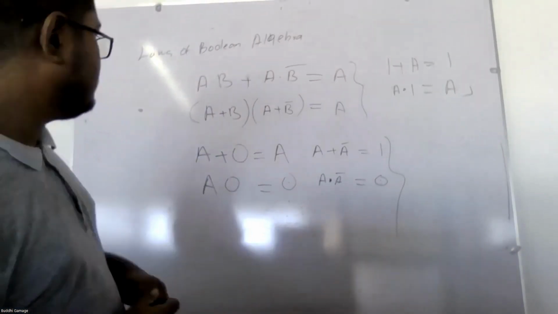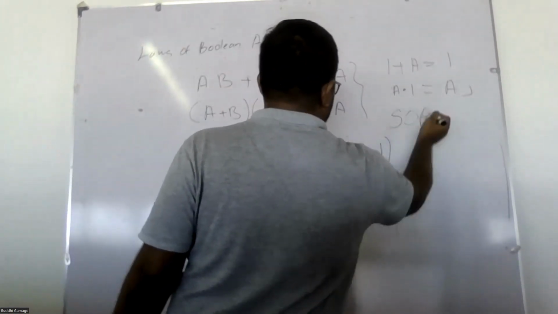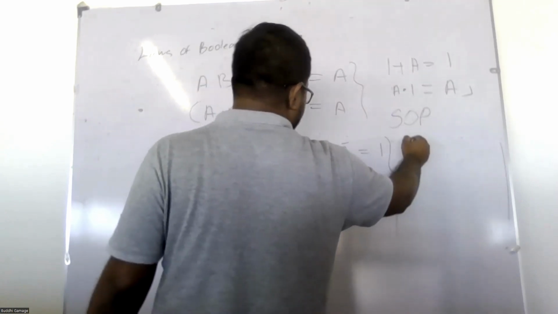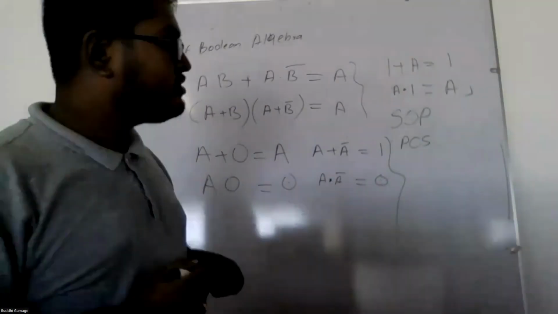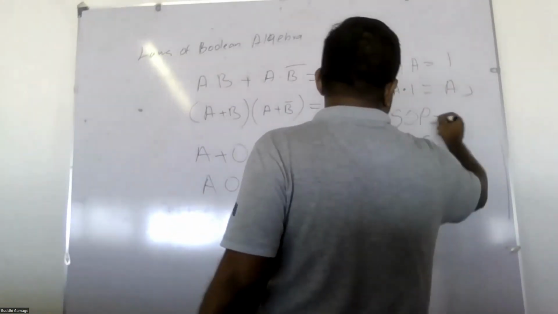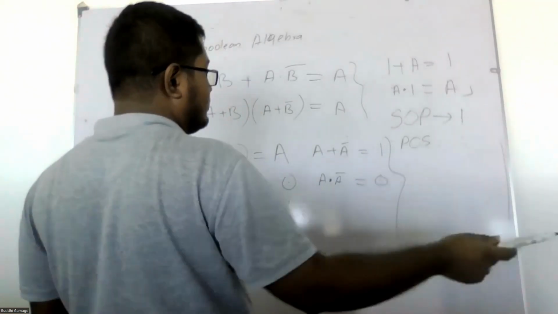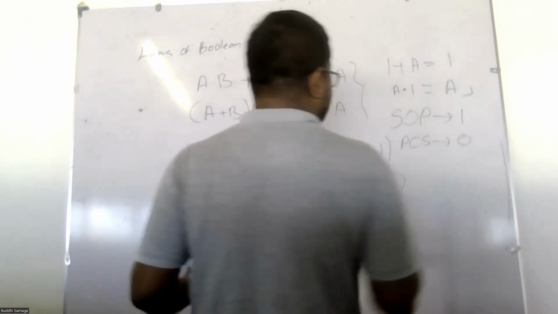As I mentioned, a Boolean function can be written as a sum of products or a product of sums. For the sum of products, we need to take the rows that give the output 1, and for the product of sums, the output 0.